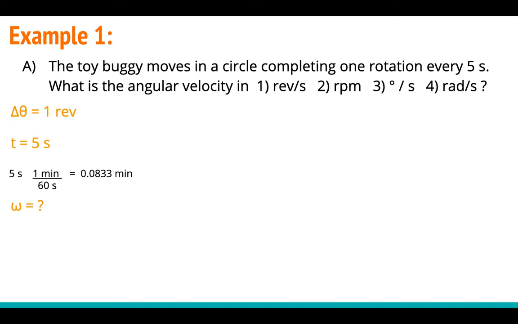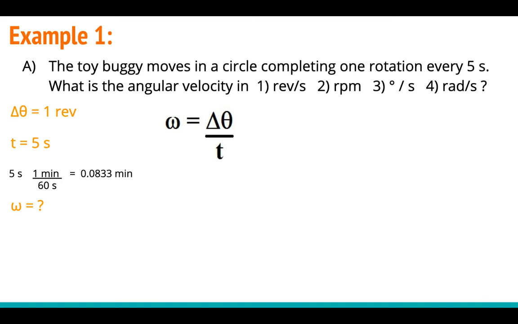Okay, so this is example 1, part A. In number 1 of part A, we want revolutions per second. So you know that omega is a change in angular position over the change in time. We're asked to find the rate of rotation in revolutions per second.